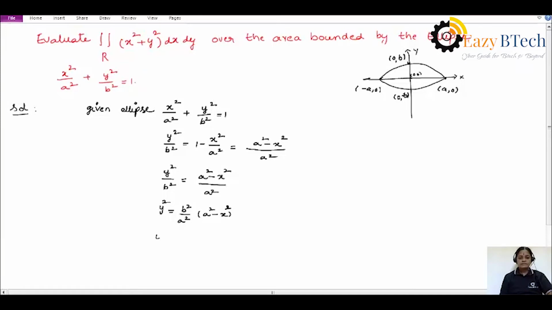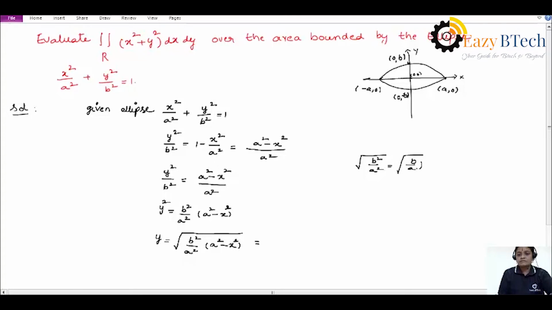So the value of y is root of b square by a square into a square minus x square. So b square by a square is there here, so root of b square by a square. So this term may also be written as b by a whole square, and the square root will be cancelled.